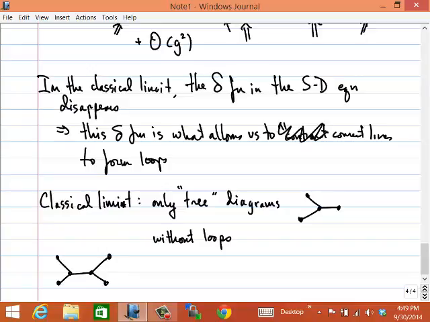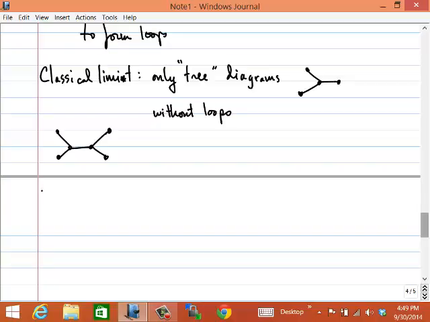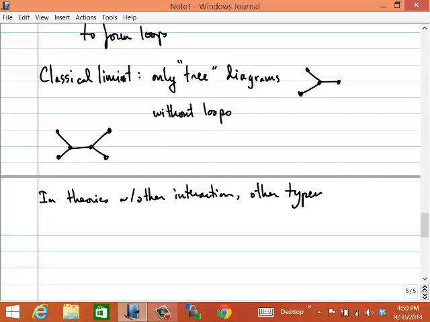And I should emphasize, maybe this is something that I should say explicitly, which is that in, for example, theories with other interactions, other types of interaction vertex are allowed.